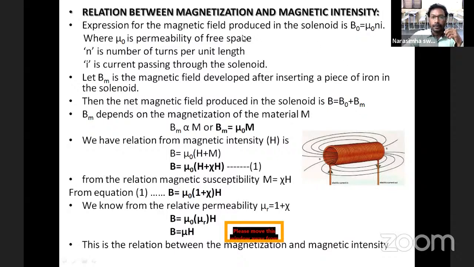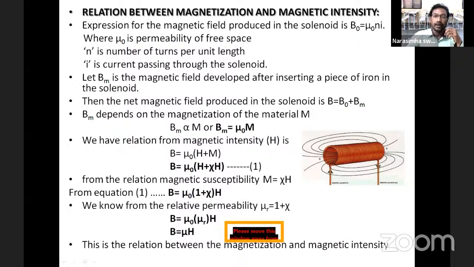The magnetization that we already discussed is converting a non-magnetic material into a magnetic material. And magnetic intensity means to what extent the magnetic field can magnetize.